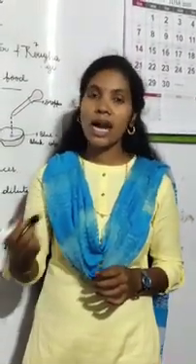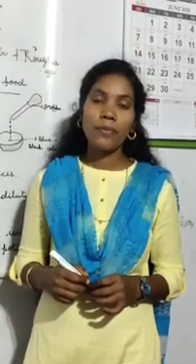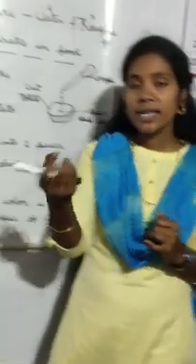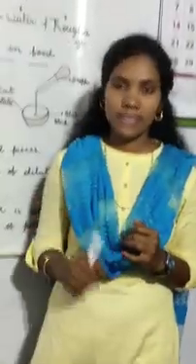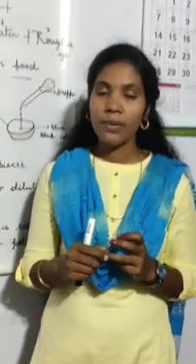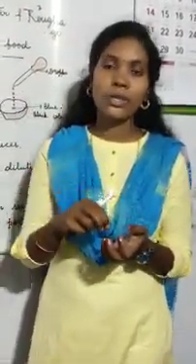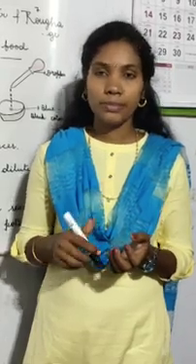The presence of starch in food can be tested by the following steps. First step is, we take a little quantity of food to be tested. Second, we add 2 or 3 drops of iodine solution with a dropper.